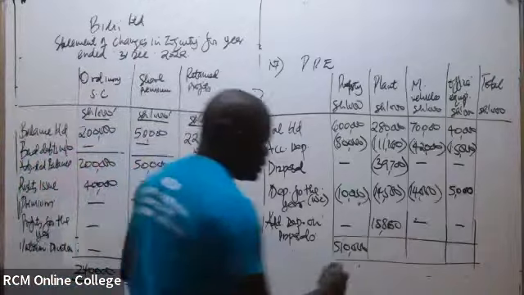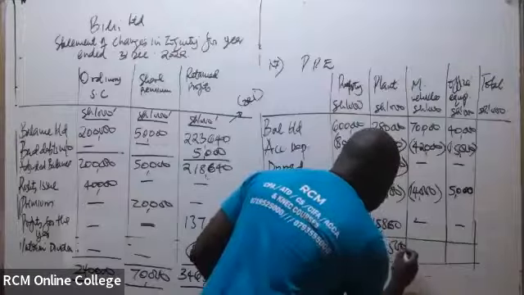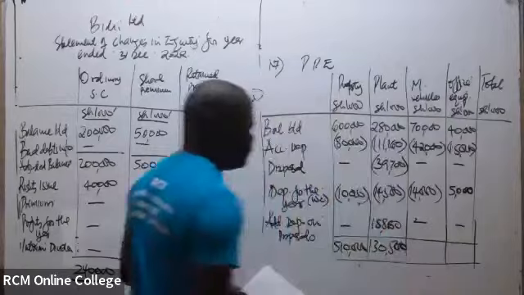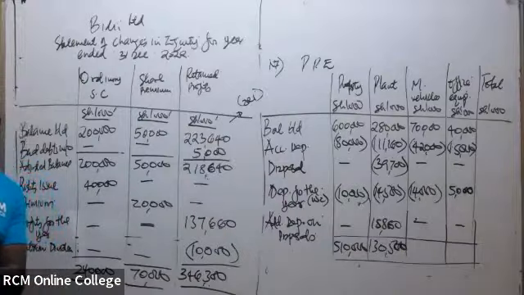I think $135,000 is the most appropriate. I don't know how you're getting 98,780. It should be $135,000. I think that is the correct figure.